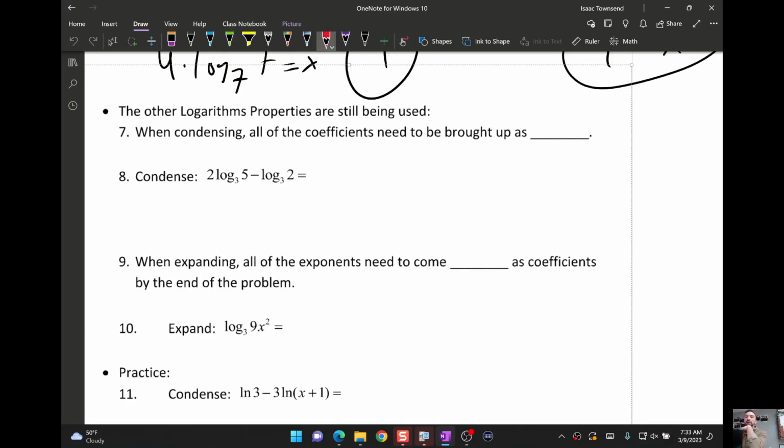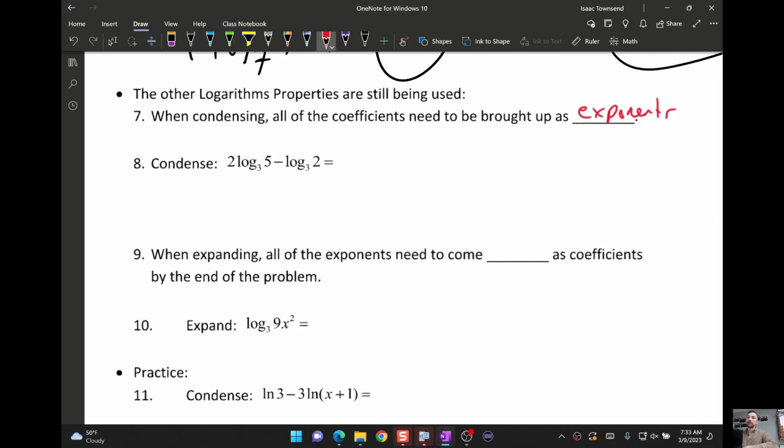So when we condense, you need to know that all of the coefficients need to be brought up as exponents. And what I mean by that is if I asked you to condense these, you might see that they're both log base 3. So you would condense to a log base 3. Because they're separated with subtraction, you would condense them with division.